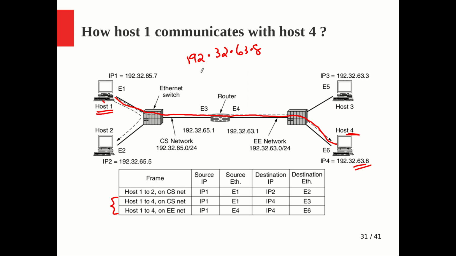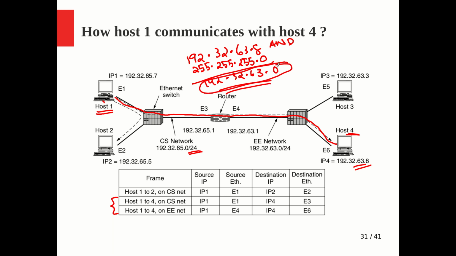And what is the subnet mask? It is 255.255.255.0, 24 ones followed by 8 zeros. When you perform the AND operation, you will get 192.32.63.0.